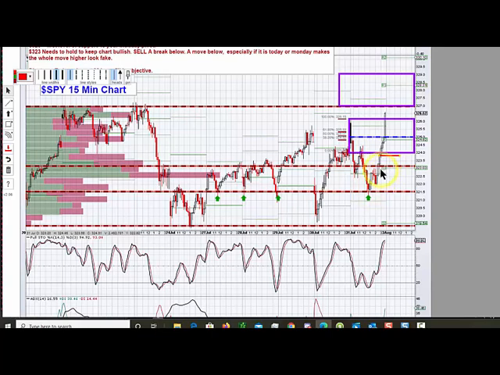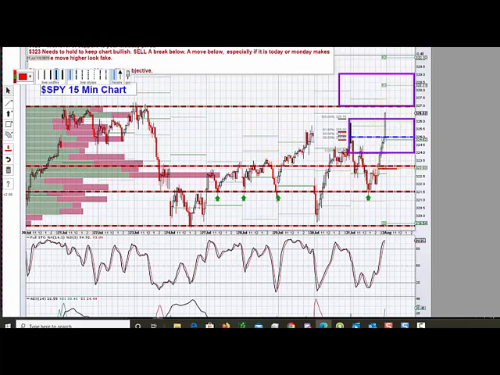You were fluid and flexible and got long when the evidence and price showed you on the recapture of that 323. Even if you missed 323, when it moved back into this 324 range, you could have gotten long there as well. That was very objective. And then price went on to rocket higher into the close.